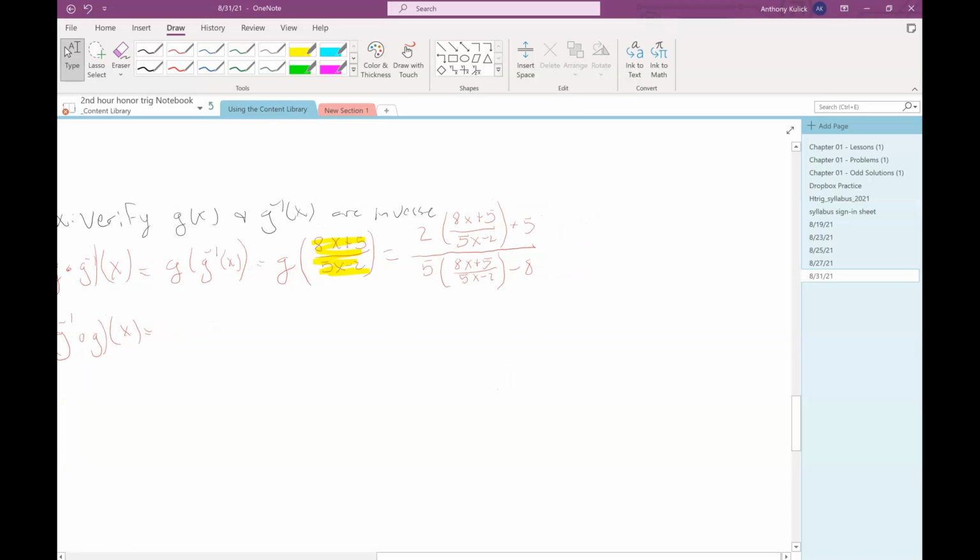Okay, what do you guys think? What should we do next to start simplifying this? Right, this has to somehow simplify all the way down to x. What should we do next? Who's got an idea?